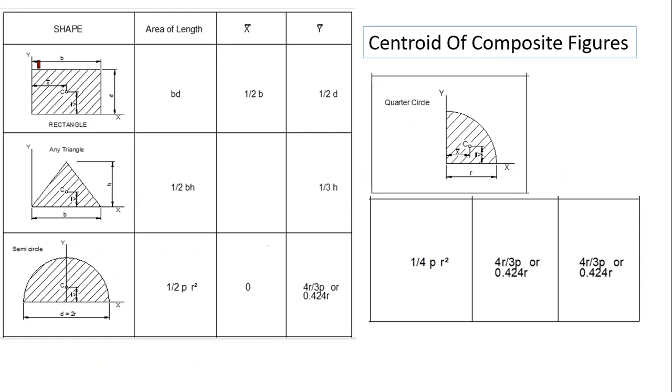For a rectangle, the area is B, the base, times D, and the centroid, we know it, is just one half of B from here, and one half of D here.